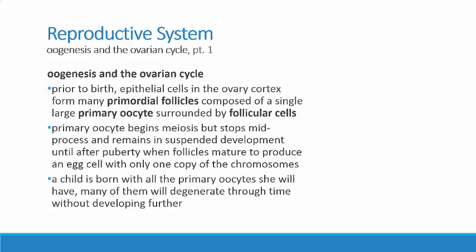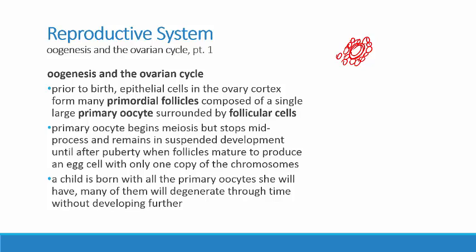Inside of this primordial follicle is a primary oocyte that is surrounded by a bunch of follicular cells. So here's a primordial follicle. This is the primary oocyte, and then all around it, in a big cluster, are follicular cells.